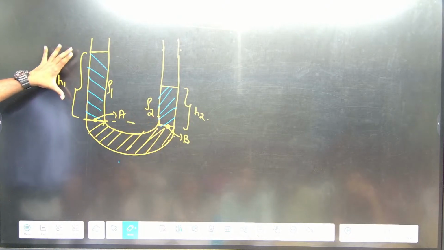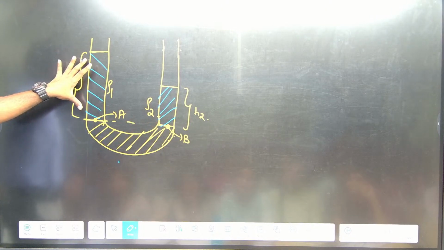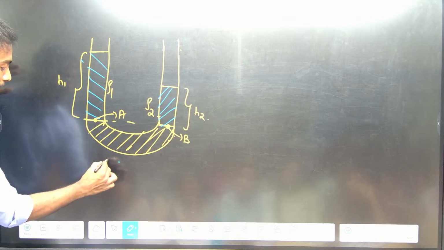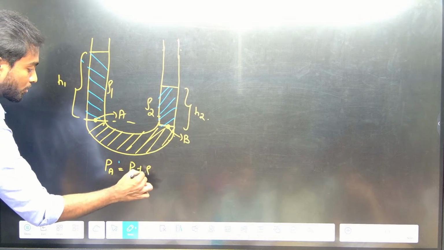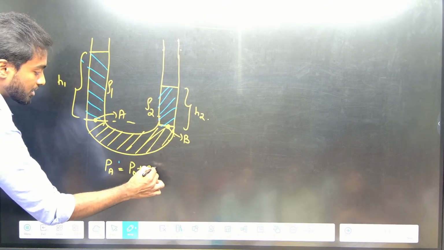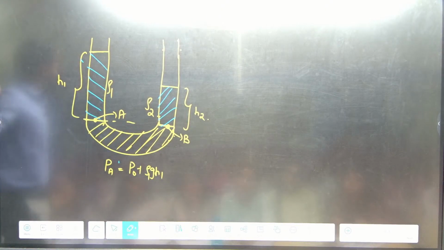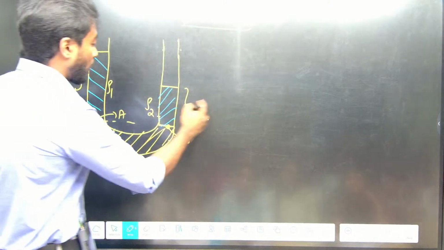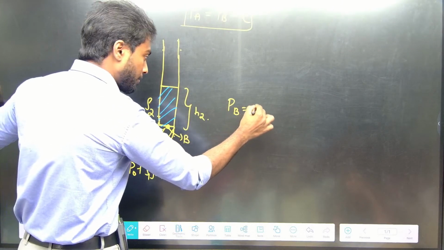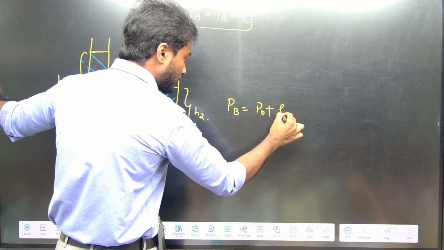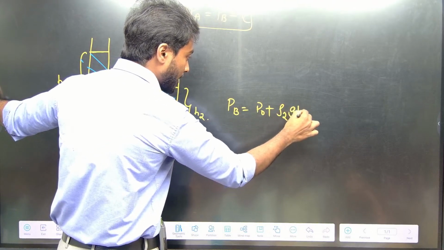So can I talk about only this point as of now, which is nothing but PA will be equal to P naught plus rho 1 G H1. If I talk about only this point, PB will be equal to P naught plus rho 2 G H2.